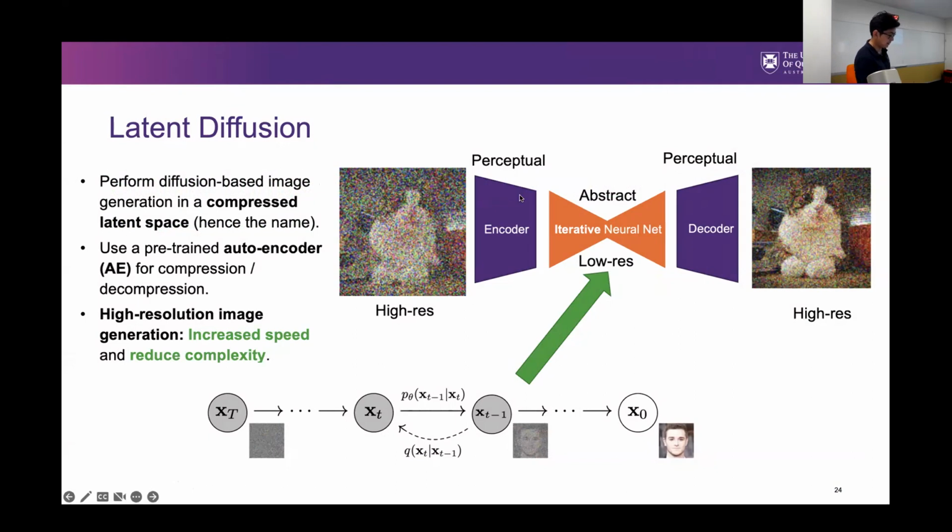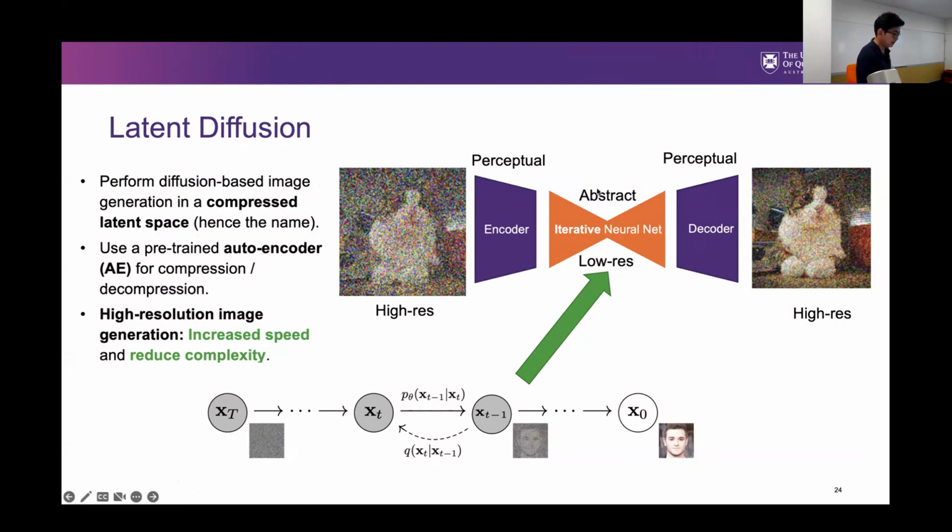And what stable diffusion or latent diffusion does is it compresses the image to a lower dimensional space. And we use an autoencoder to do that. So autoencoders are really good at compressing data and reconstructing data.